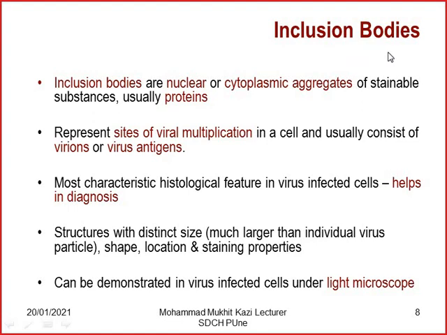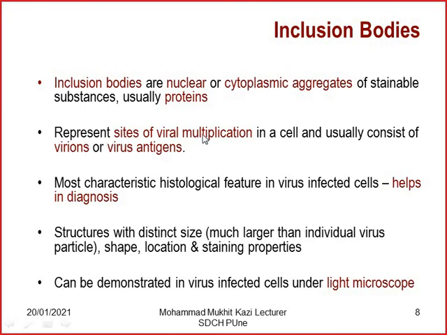Now coming to one more term, the inclusion bodies. Inclusion bodies are nuclear or cytoplasmic aggregates of stainable substances, usually proteins. These are derived from the viruses, and they occur as aggregates either in the nucleus or in the cytoplasm.